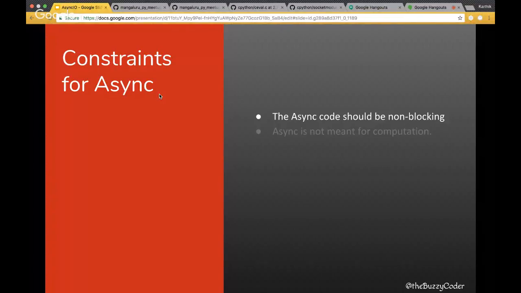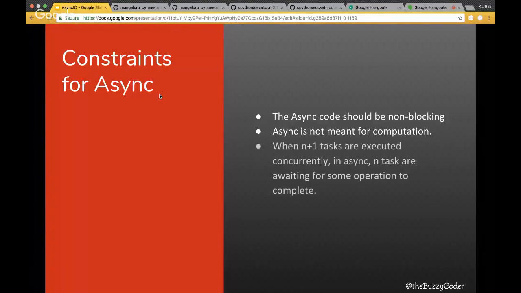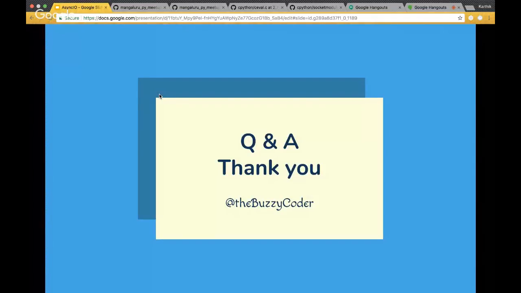Async is not meant for computation. If you are running high-computation things where you are not waiting, you should not go for async. It is basically used for IO or database operations and things like that. When n+1 tasks are executed concurrently in async, n tasks are awaiting some operation to complete, or IO. Only one task is running, and I think that's it.